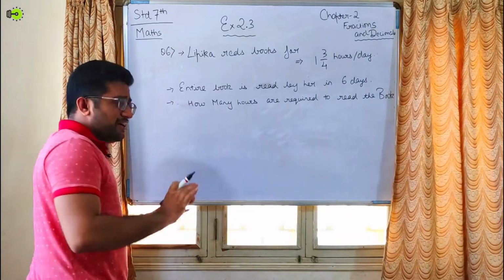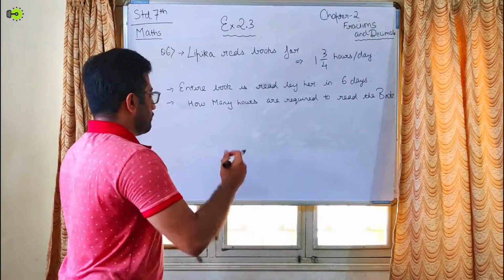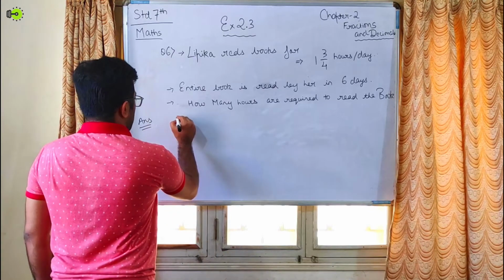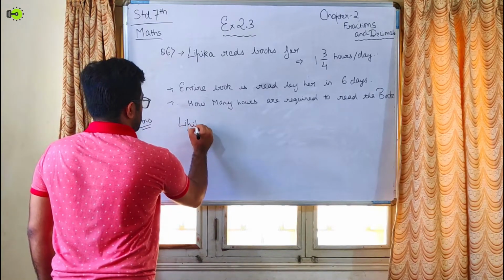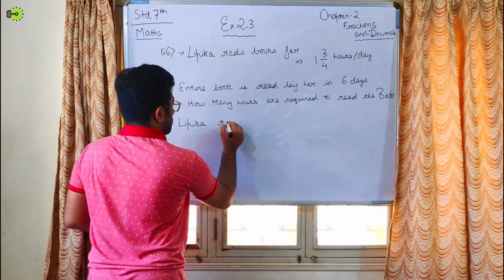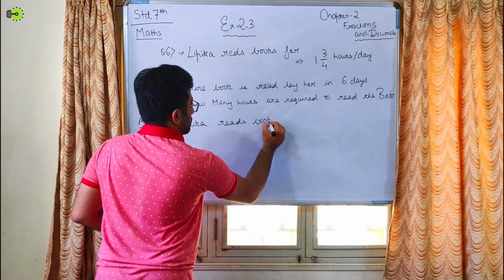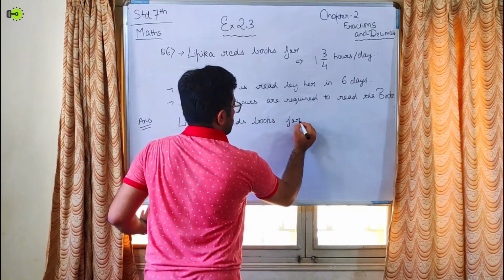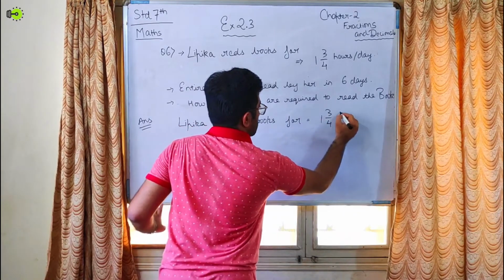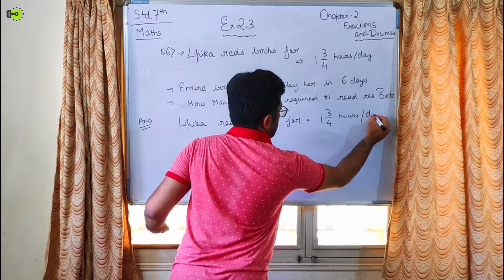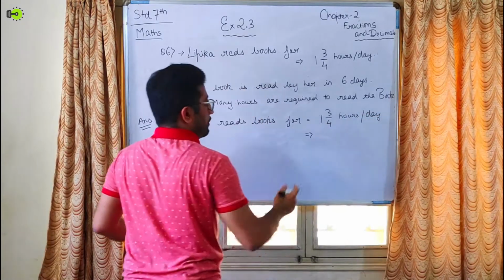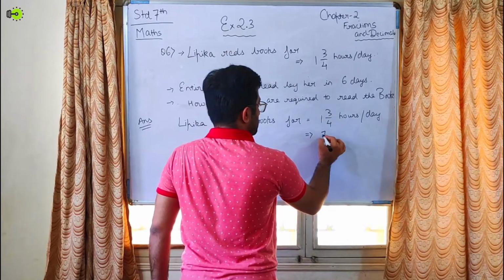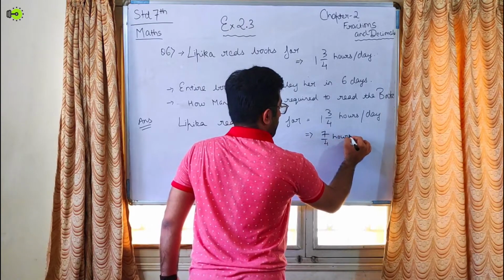So this is a simple case of multiplication, because we know that Lipika reads book for 3 by 4 hours per day. Okay, so what we'll do is, first of all, we'll try to convert this into an improper fraction. So 4 ones are 4, plus 3, that is 7 by 4 hours per day.